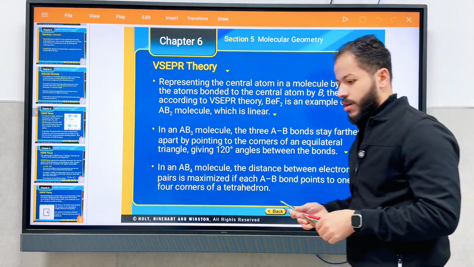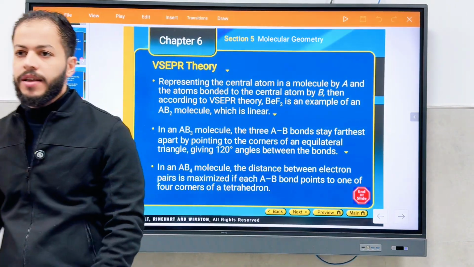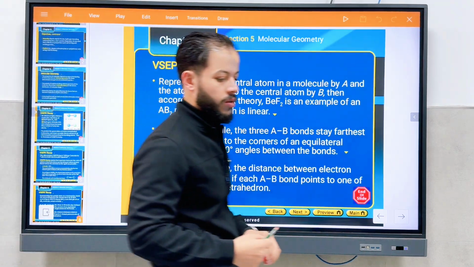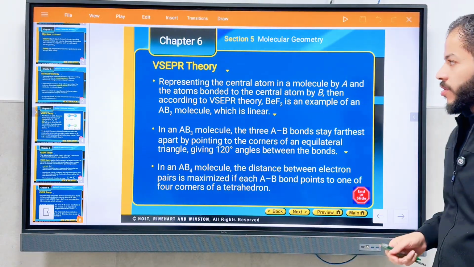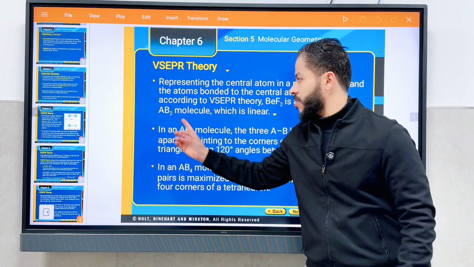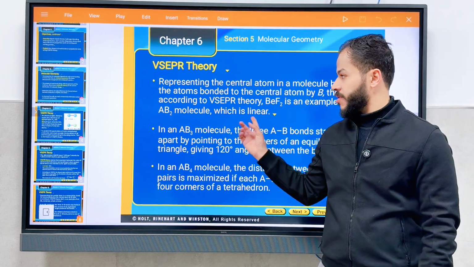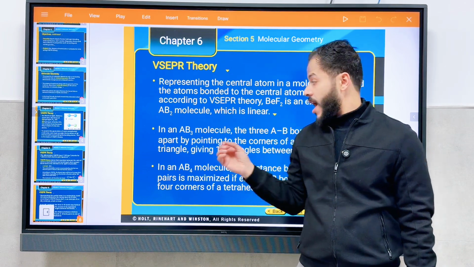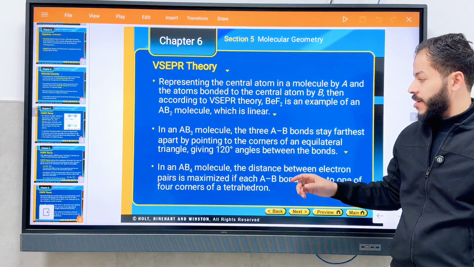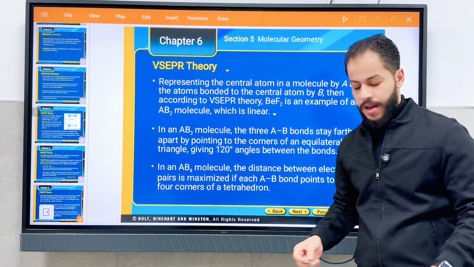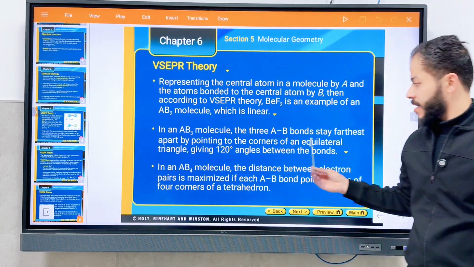If you look at the valence, we said that the chemical formula could be used to estimate the shape of the molecule. For example, AP2 is a model of how many atoms? 3 atoms, and we know that it could be linear. We represented the lone pair by another letter, E. AP4 is a model of what? 5 atoms. AP3 is a model of what, guys?